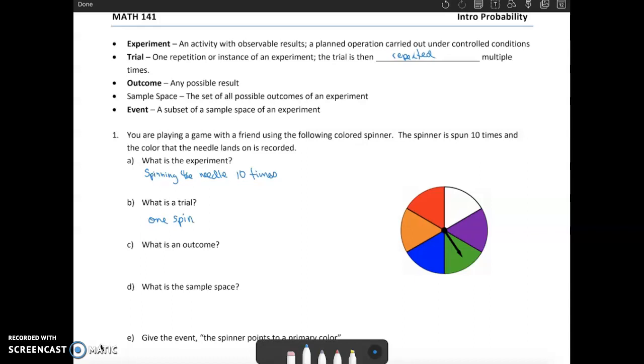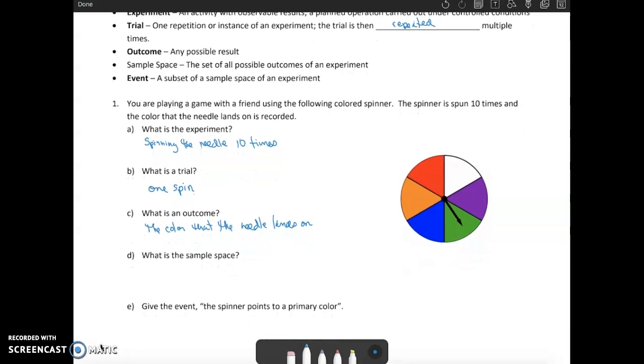What is an outcome? So an outcome is any possible result. So an outcome for us would be the color that the needle lands on. The sample space is the set of all possible outcomes of the experiment. So the sample space is a set.